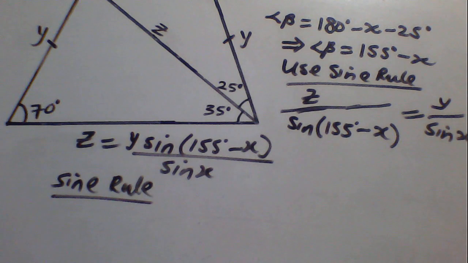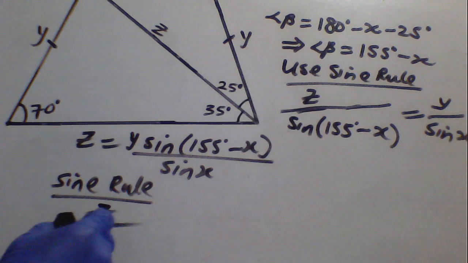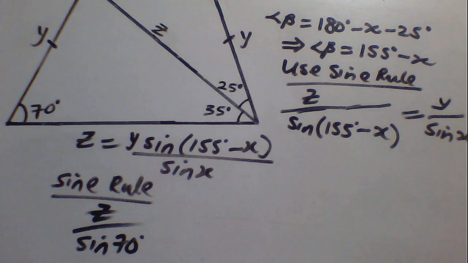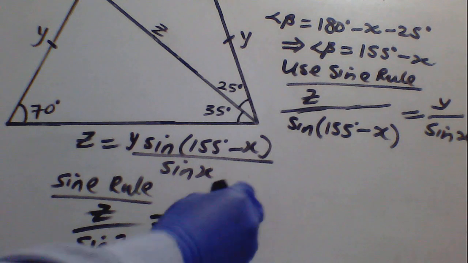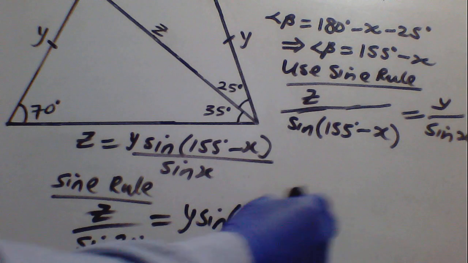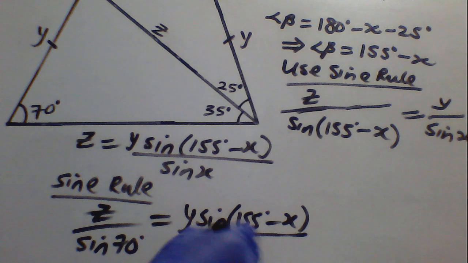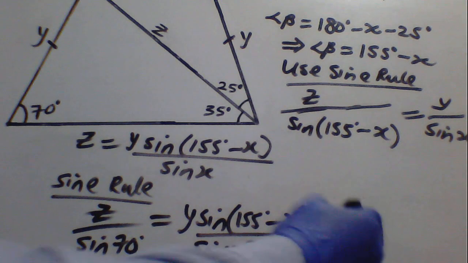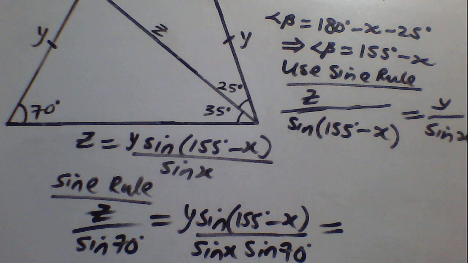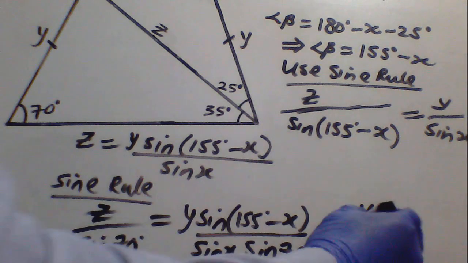Using sine rule, you have that z over sine 70 is equal to, we can substitute z immediately here, y sine of 155 minus x divided by sine x multiplied by what? Sine 70. This is equal, by sine rule, to y divided by the sine of the angle facing it.